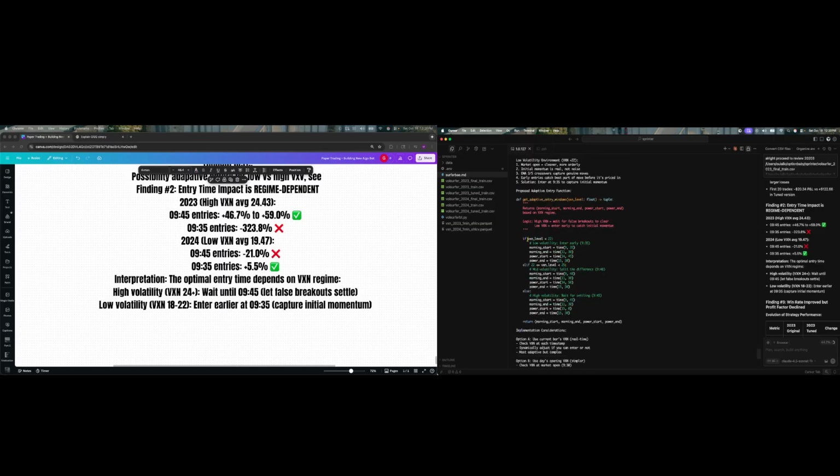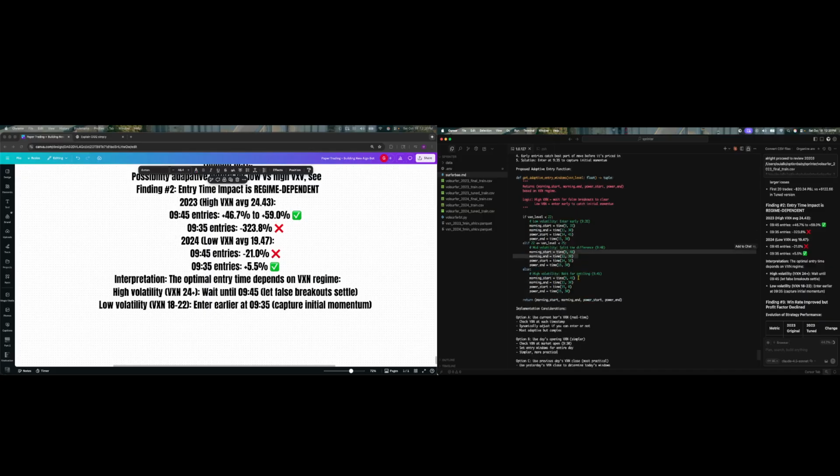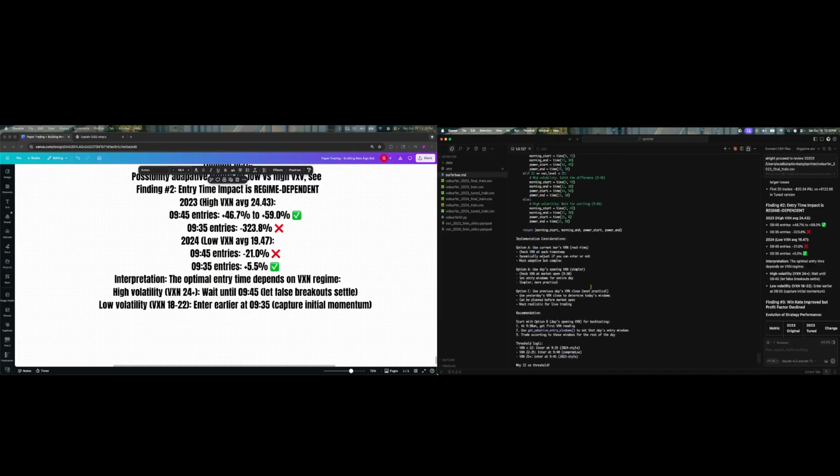Good play. If VIX is 22, low regime, morning start, morning end, power start, power end, mid, and then high. Option A uses the current VXN bar, checking the VXN bar at each timestamp and dynamically adjusting whether you can enter.